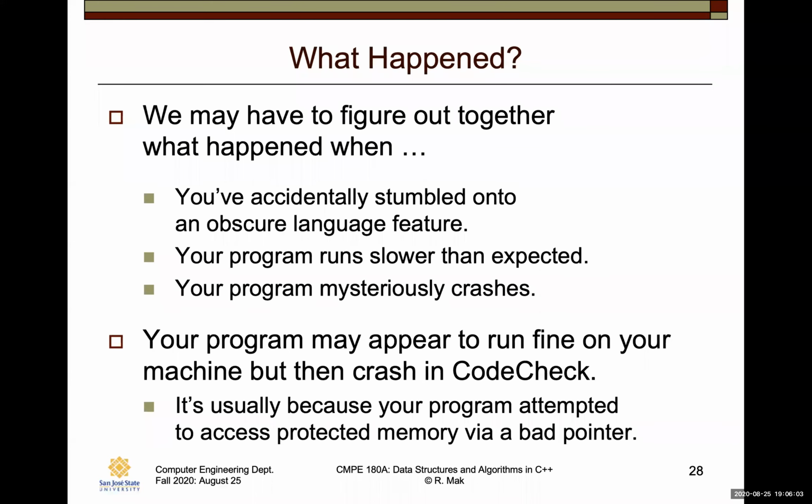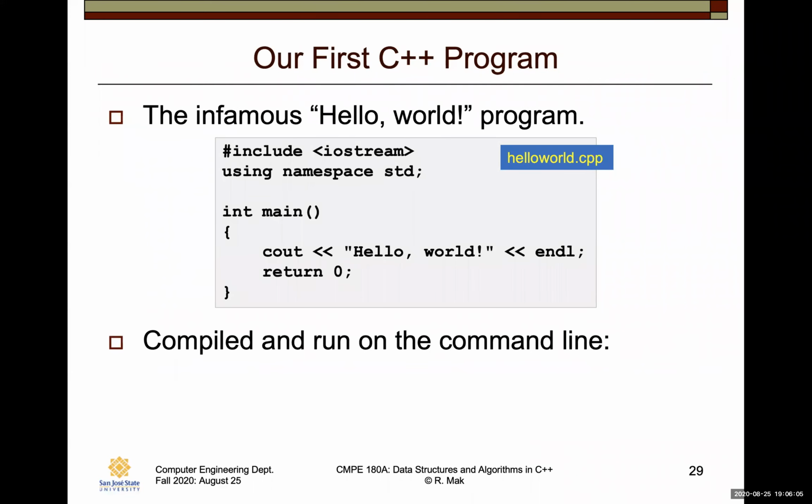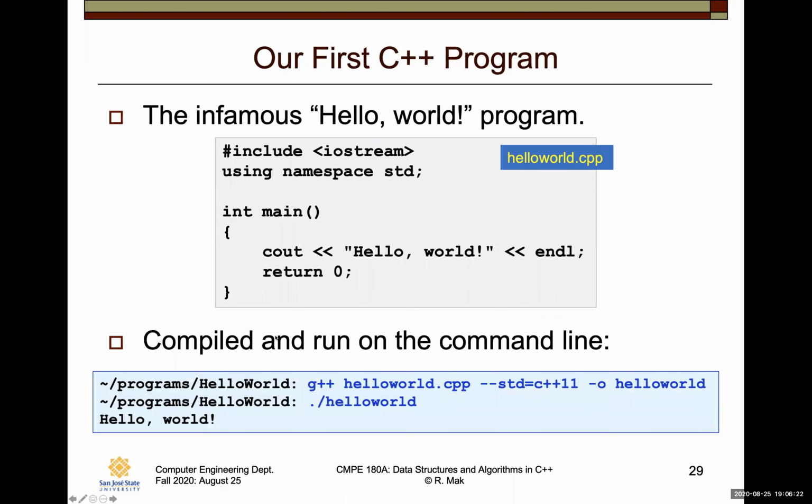All right, here's the first C++ program I'm going to show in class. Of course, it's the infamous Hello World program. You run this program, and it writes out Hello World. On the command line, this is what it's going to look like, and I'm actually going to do it on the command line.